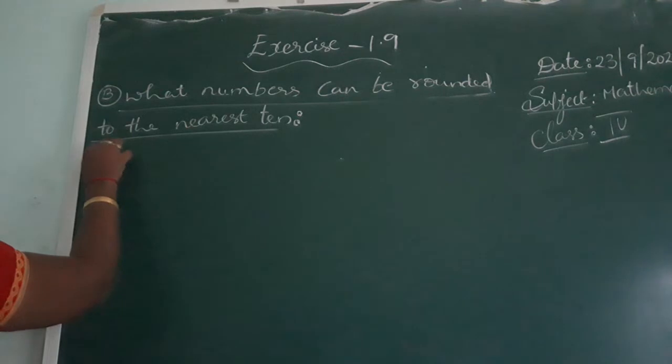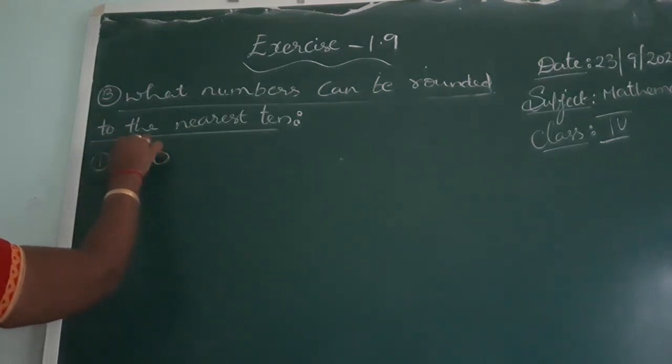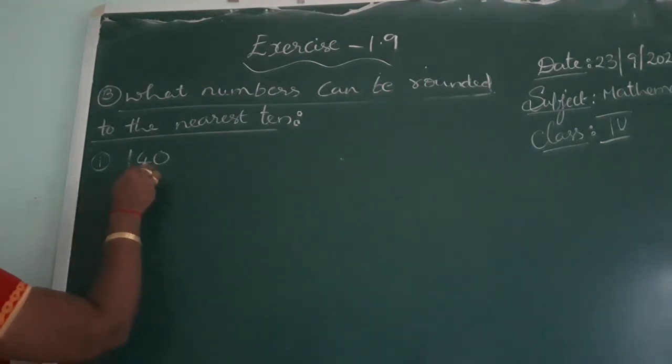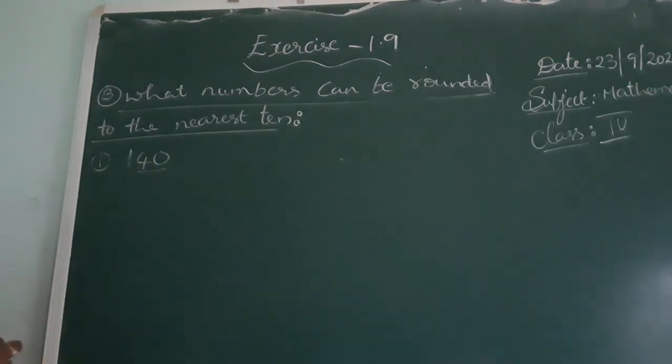First one, 140. The question is: which numbers are nearer to 140? The 10 before 140 is 130. 130, 131, 132, 133, 134 are all rounded to 130 only.